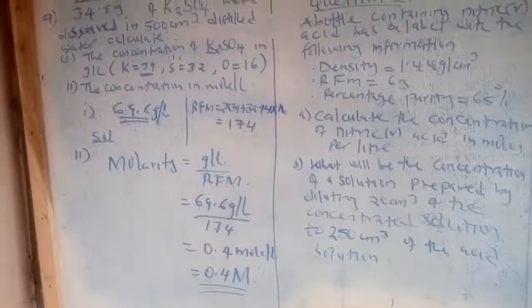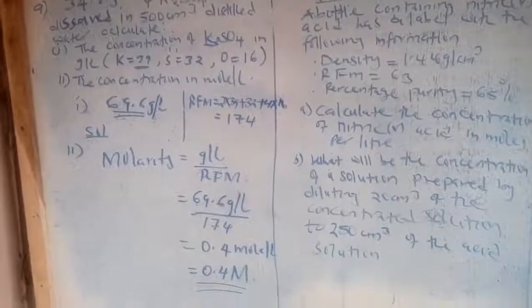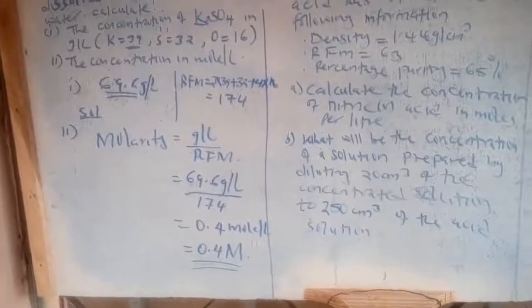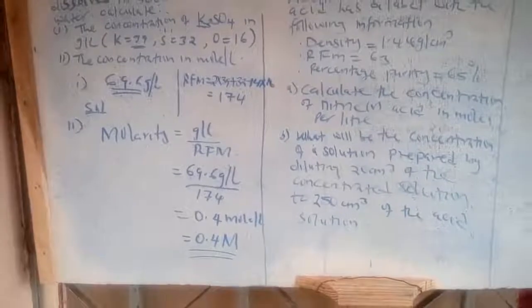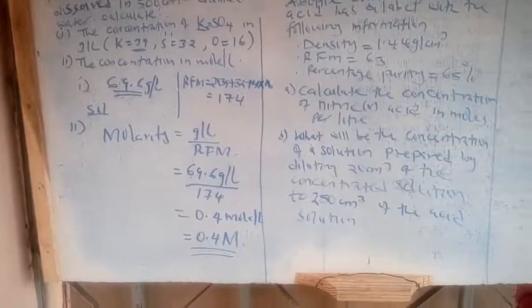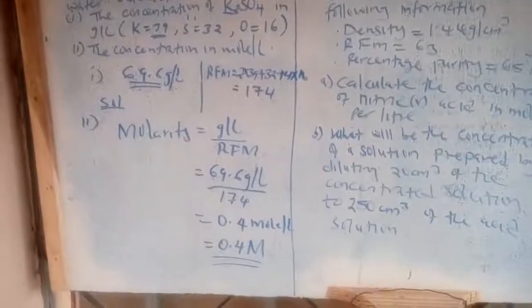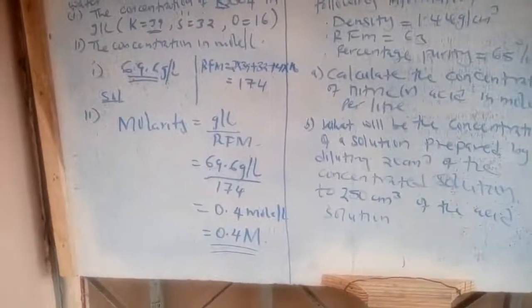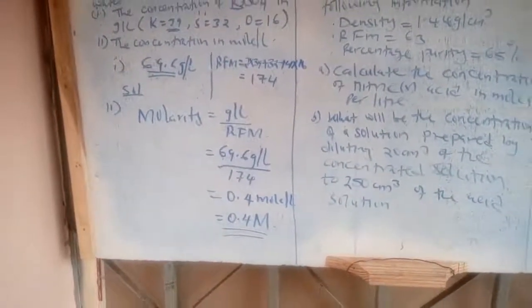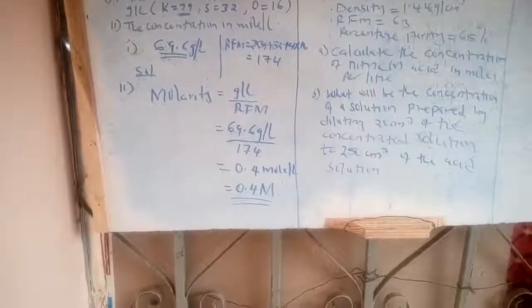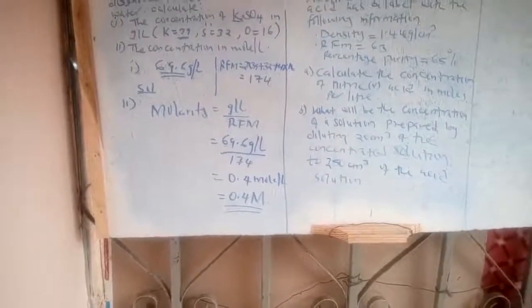Then you divide by the RFM, which is 174, and the answer becomes 0.4 moles per liter. For moles per liter, you can just indicate the symbol capital M, which stands for molarity. The capital M is the symbol for molarity.